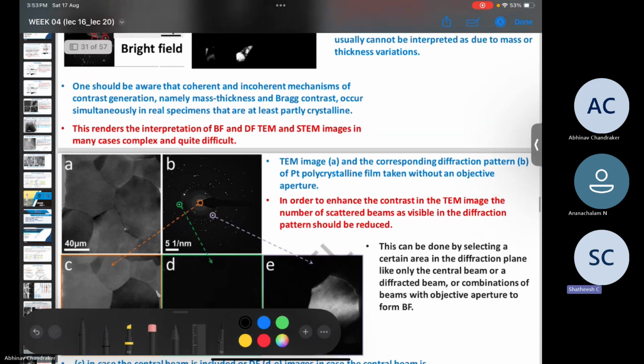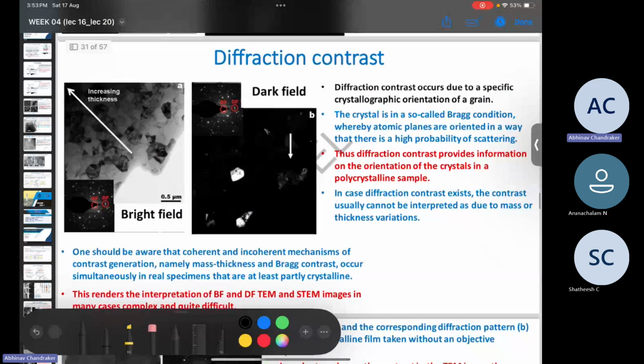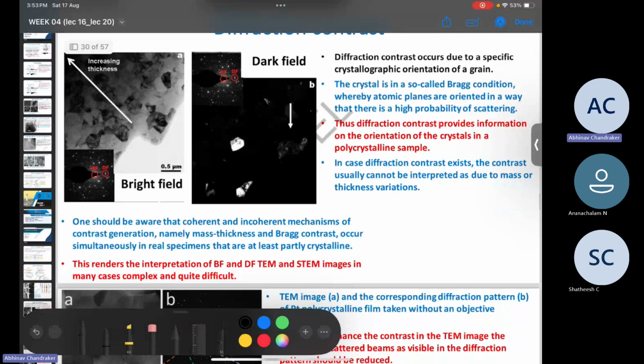Additionally, when you are doing TEM, there are multiple mechanisms or multiple interactions taking place between the specimen and the electrons, and because of this, it can many times become difficult to interpret the images that you get during bright field or dark field imaging, because multiple mechanisms are occurring over the whole of your specimen.